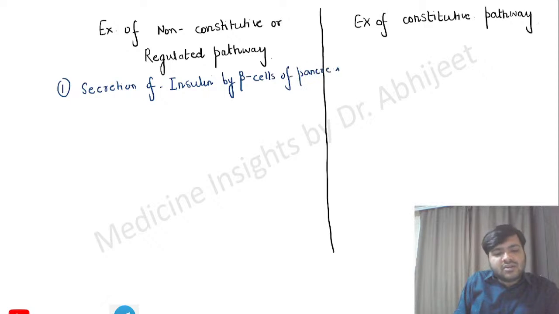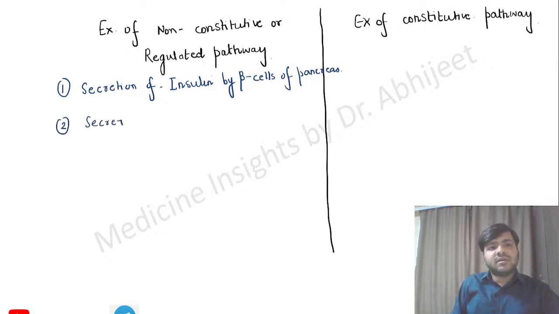The second example is the secretion of glucagon. These are pancreatic hormones, insulin and glucagon. It is by alpha cells of pancreas.